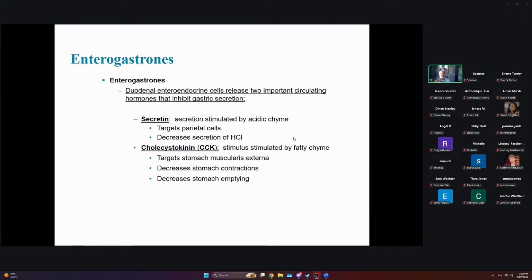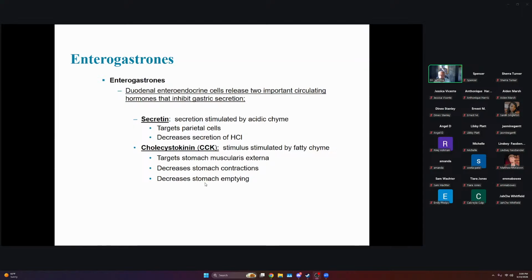So in that case, the duodenal enteroendocrine cells will release CCK that is going to target the muscularis externa layer of the stomach itself as a local chemical messenger and decrease stomach contractions, slow them down so that the bolus, at that point technically, can spend more time in there.